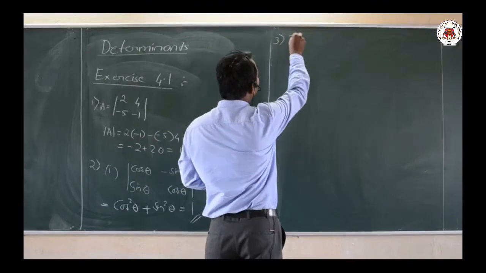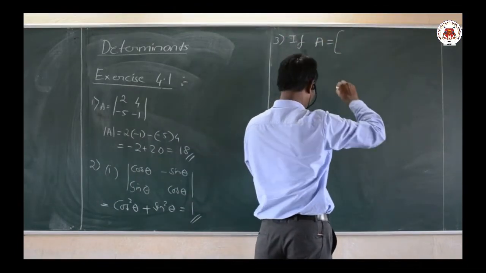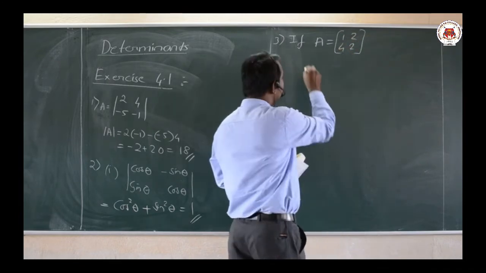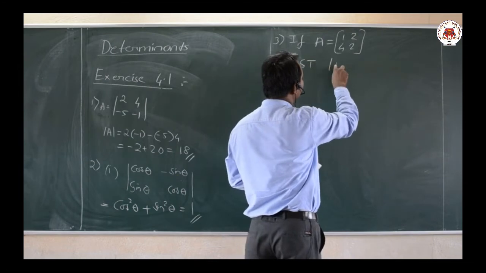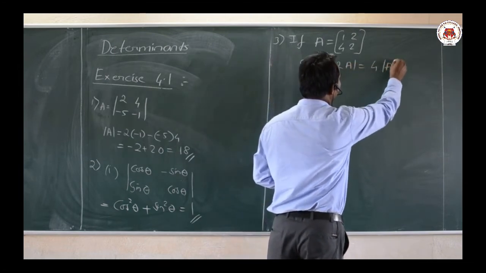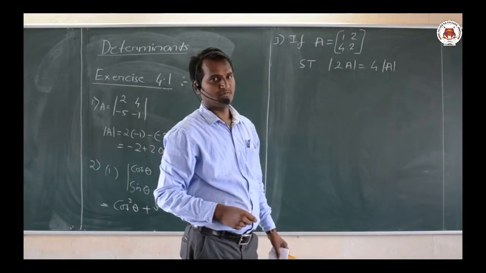Third one. If A equals 1, 2, 4, 2, show that determinant of 2A equals 4 into determinant of A. It is a show-that problem. Let us solve this problem.